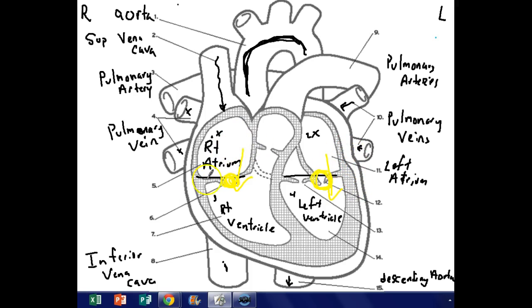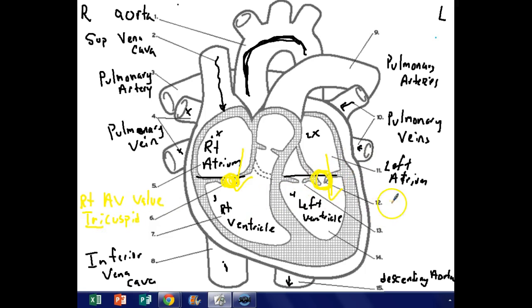On the right side, and these are given multiple names, this is called your right AV valve, or your tricuspid valve, because it has 3 cusps.